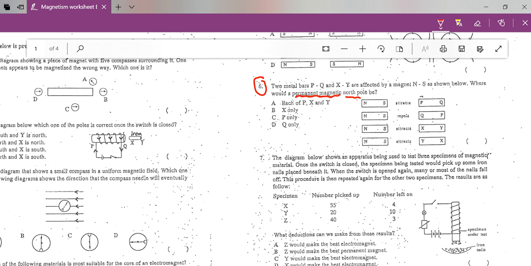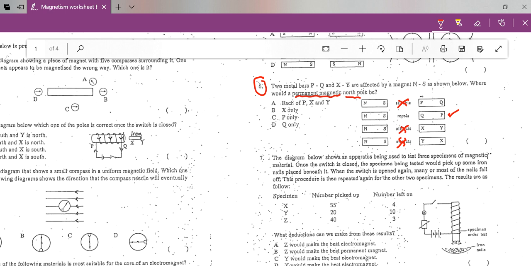Now, for it to be a permanent magnet, all the attract ones cannot be an answer already. Remember, only repulsion can tell us whether something is a magnet, and this is the one that shows me the second diagram below. This one from the top will be the one that shows me PQ is a permanent magnet. That is the first point we can establish.